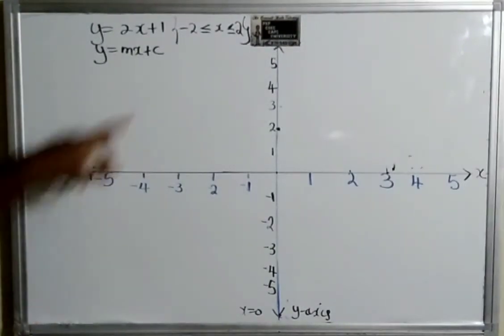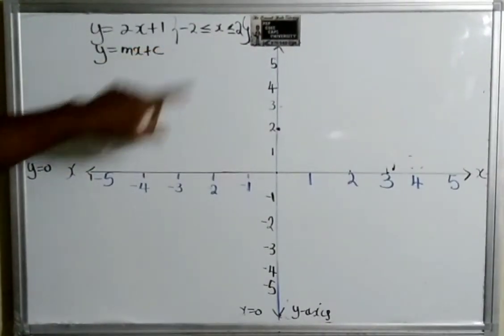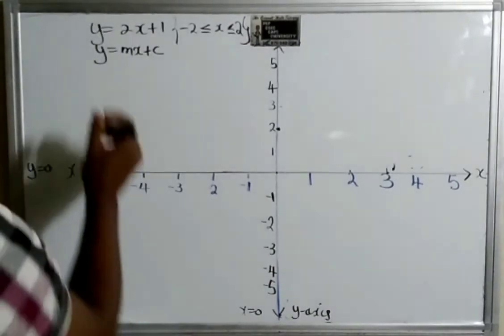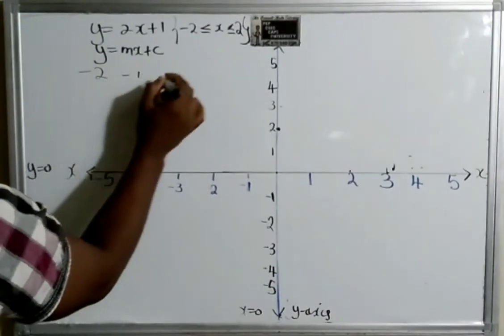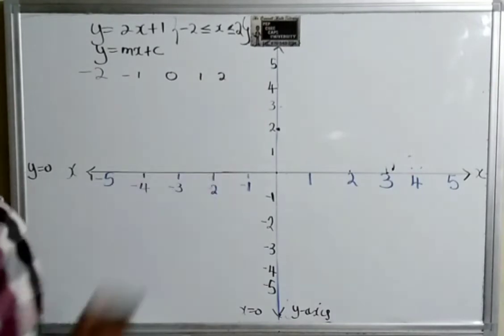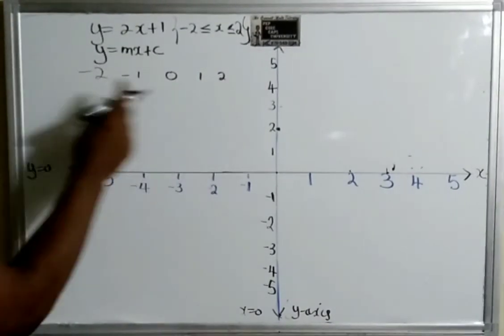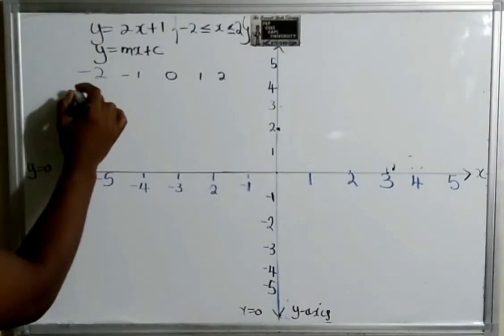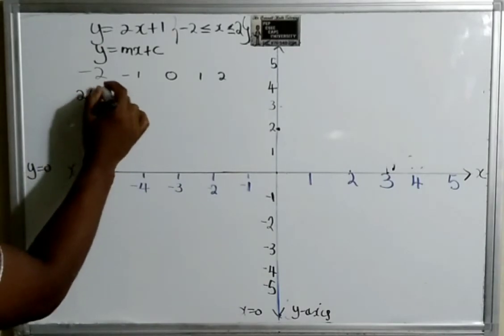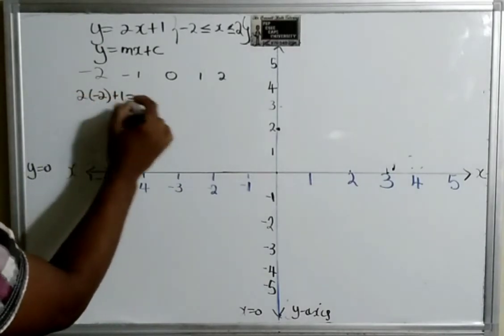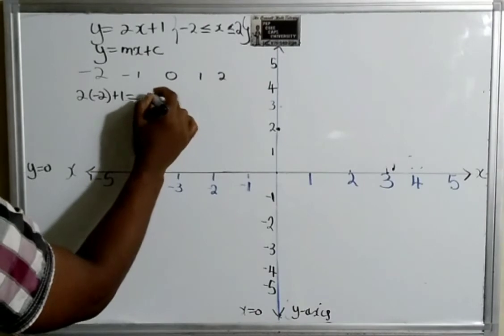So now what we're going to be doing is putting these values in the equation: -2, -1, 0, 1, 2. Don't forget 0, right? 2 times -2 plus 1 is equal to -4, plus 1 equals -3.